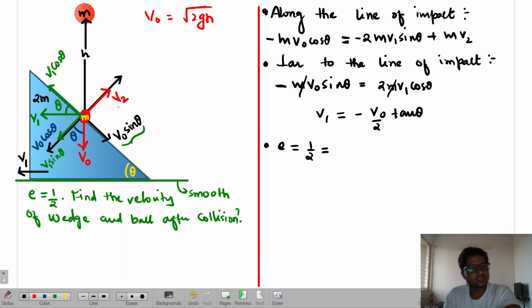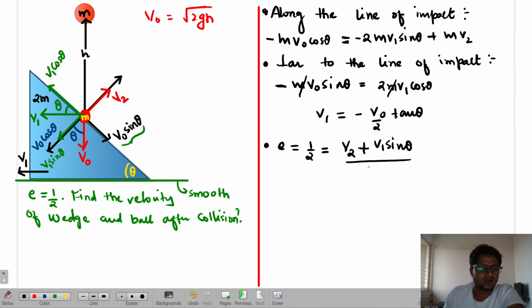So velocity of separation is how much? v2 plus v1 sin theta, divided by v0 cos theta. Are you able to get me? Is that clear or not? Because initially it was only v0 cos theta. That will be minus v0 cos theta. Is that clear?